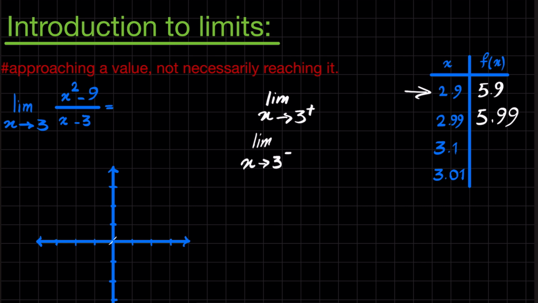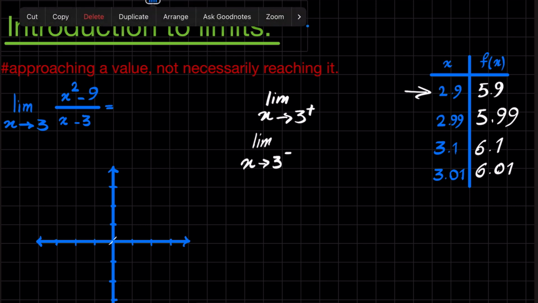If you don't know, we're going to get into the definition of the left side and the right side later in the video, but for this one we're going to get 6.1 and 6.01. So the closer we get, the closer we get to the number 6, and we're going to see that the limit of this function is going to be 6.